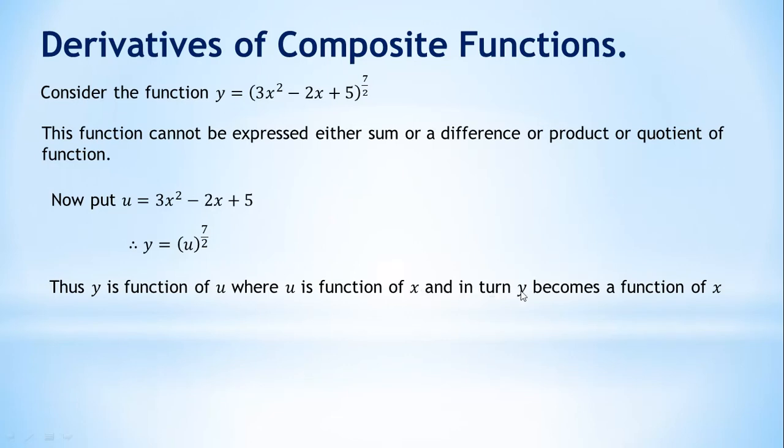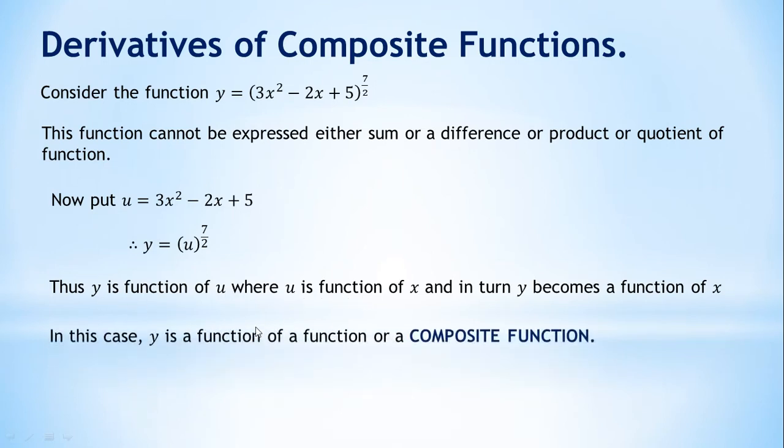So in turn y becomes a function of x, means there is a relation between y and u and then u and x, such that in this case y is a function of a function. See, y is a function of a function. Here u is also treated as a function of x. y is treated as a function of u and u is a function of x.